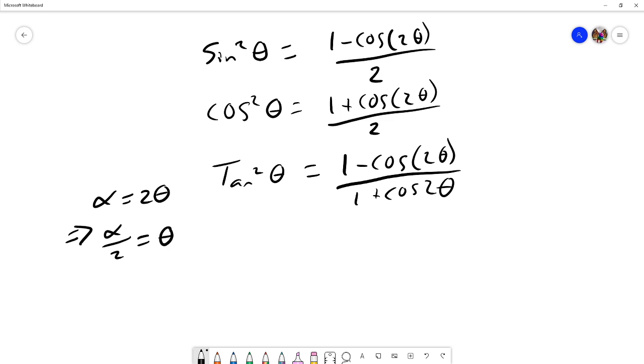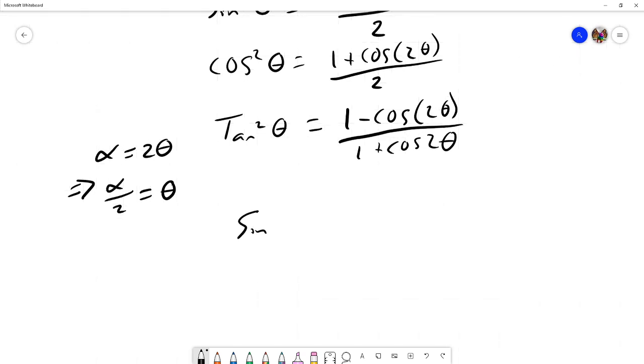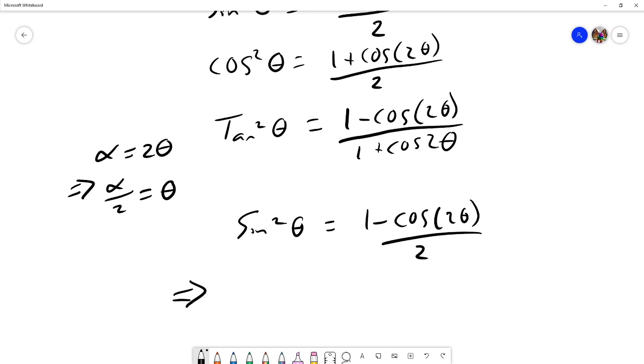Okay, so if we start with the sine squared identity right above, that means sine squared of theta, which we said was (1 minus cosine of 2 theta) over 2, we can transform in terms of alpha.